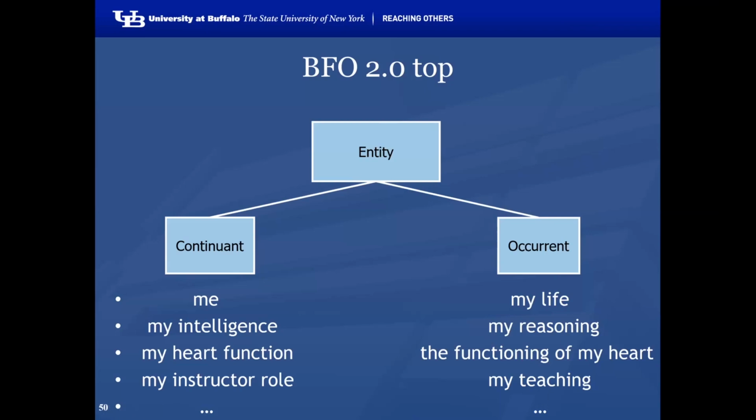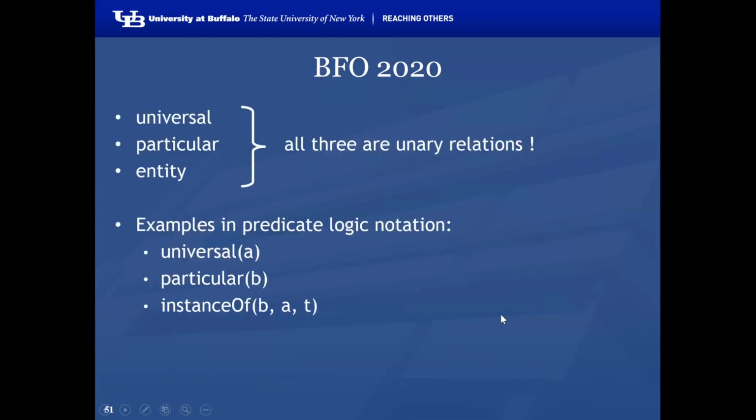And you see, I didn't select them purely at random. You see already a certain relationship between me and my life, my intelligence, my reasoning, my heart function, the functioning of my heart. So we will get into that. Continuance and occurrence are totally separate. Nevertheless, they are related in very precise ways.